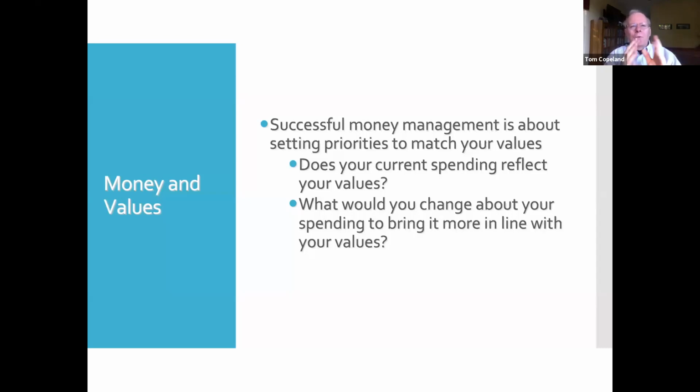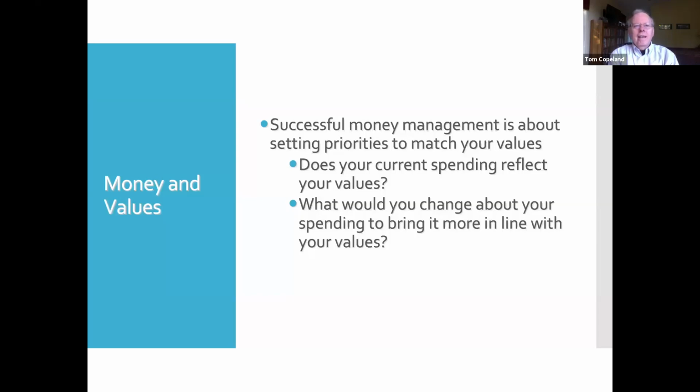And so we then realized we should move. We should downsize to a more modern house that wouldn't cost us as much. Lower property taxes, lower maintenance, less money that we'd have to spend to fix up our house. And that's what we did. So what's important to you, what your values are, could well change over time. They did for my wife and I. And so where you're spending your money is a reflection of what's important to you.